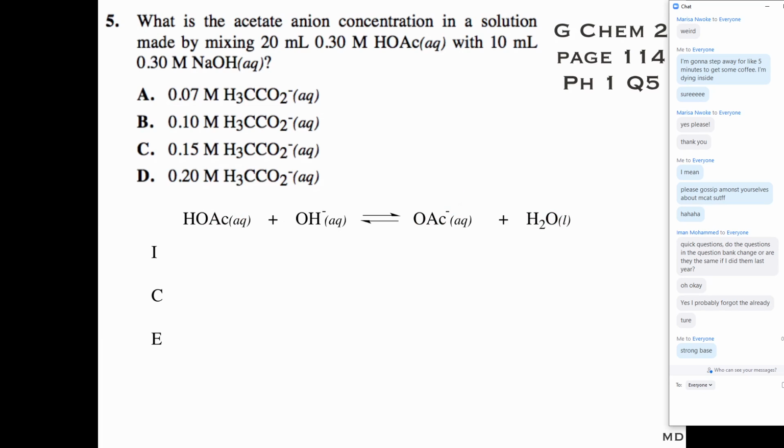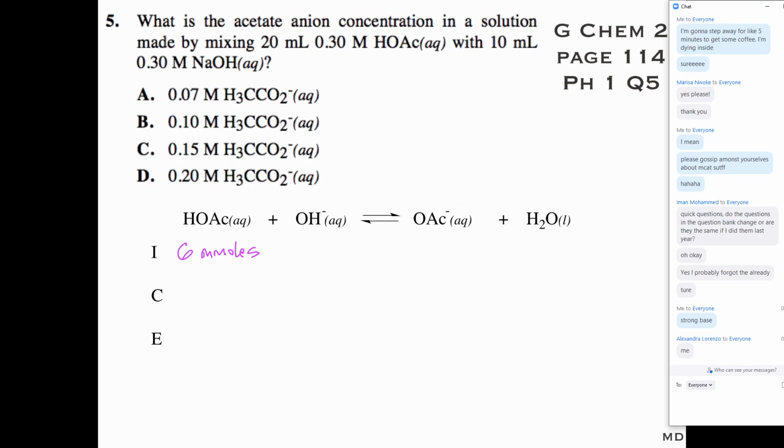Initially, I have 20 times 0.3 or 6 millimoles, because for reactions we deal with moles, so millimoles. How many like me are bothered by millimoles, but it beats 6 times 10 to the minus 3 moles? Yeah, I hate that term.